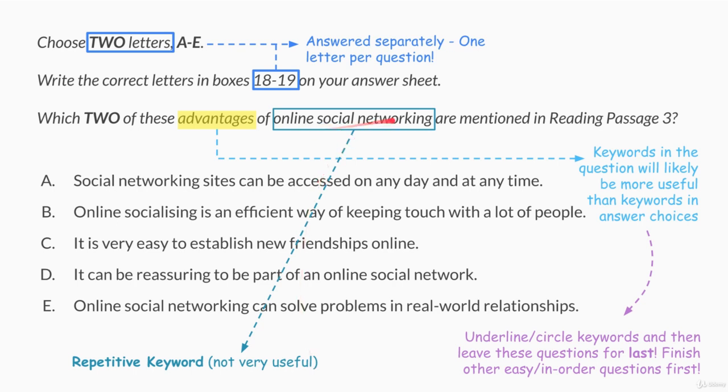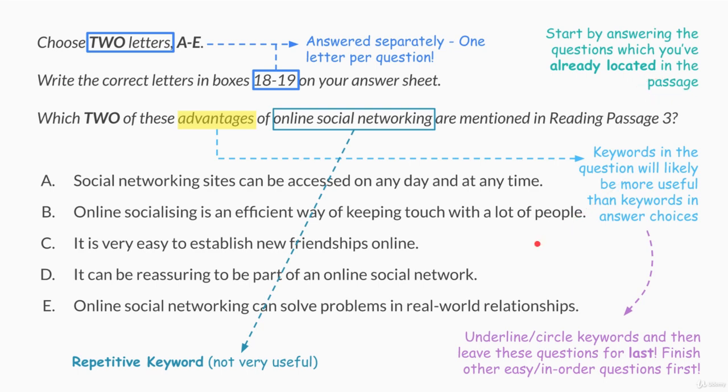So for that reason, I'm not going to mark this keyword. So once you've marked this keyword, leave it alone, do the easy questions first, and then when you return back to these questions at the end of your reading passage, then you should start off by answering the questions for which you have already located the keywords in the passage.